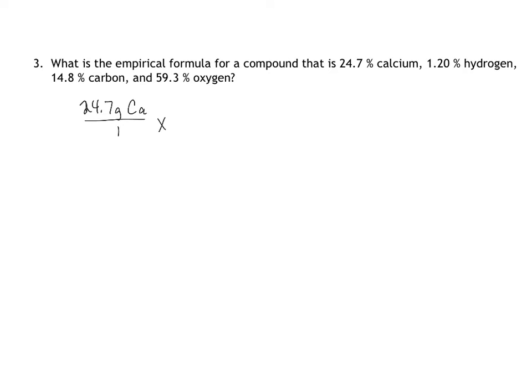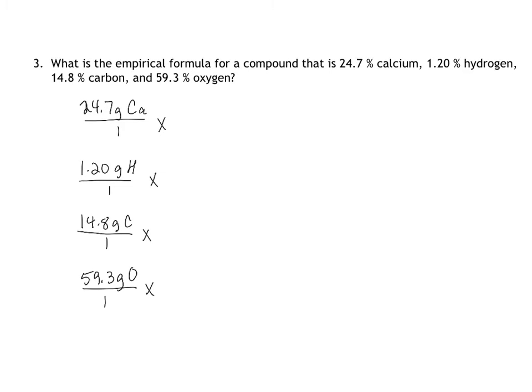My next one is going to be 1.20 grams of hydrogen. Next one is 14.8 grams of carbon. And my last one is going to be 59.3 grams of oxygen. Throw it over 1.